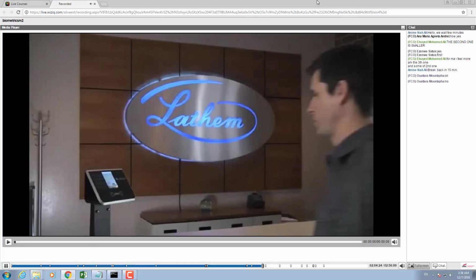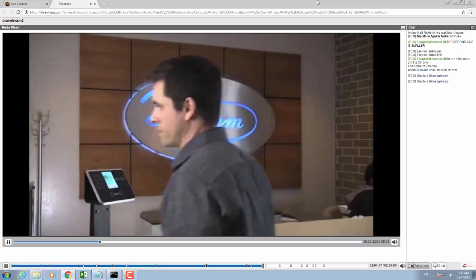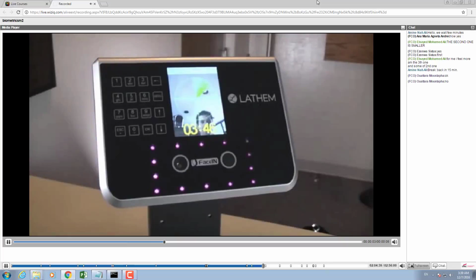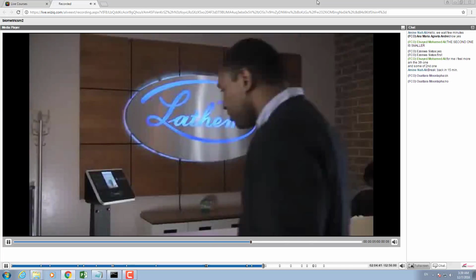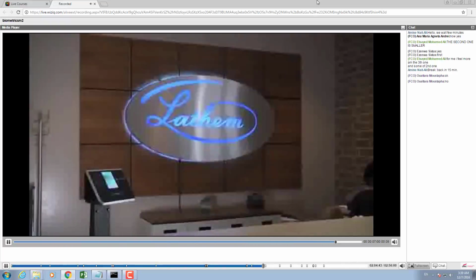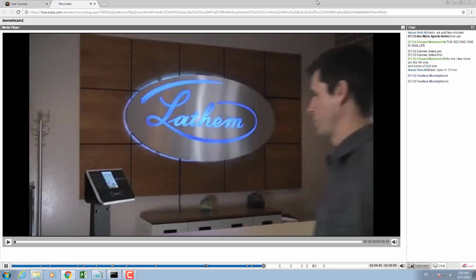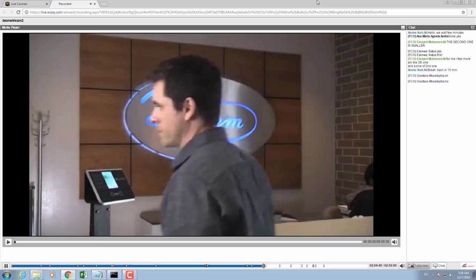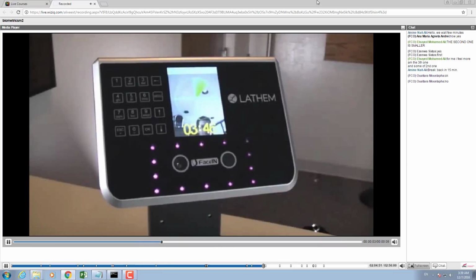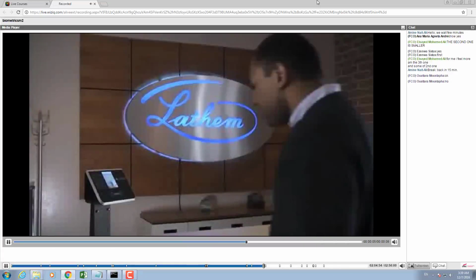Yeah, we just show you here how such systems work. What you have here, you can see this face analysis, face recognition system. It's a small box. It's normally equipped with a camera, and sometimes some infrared cameras.